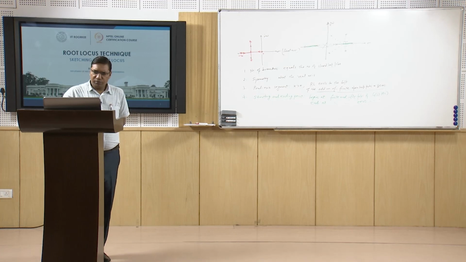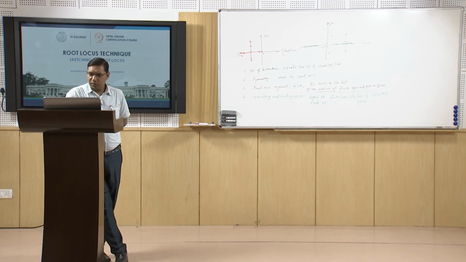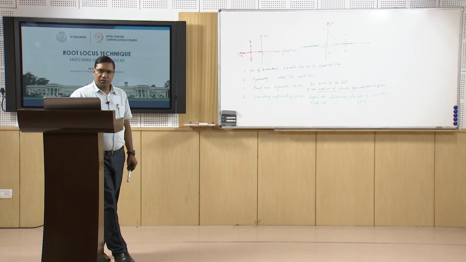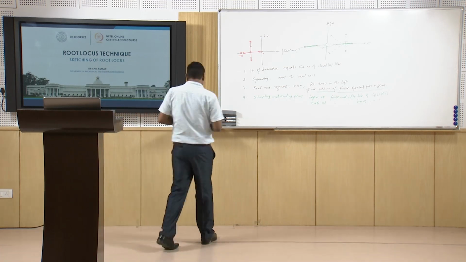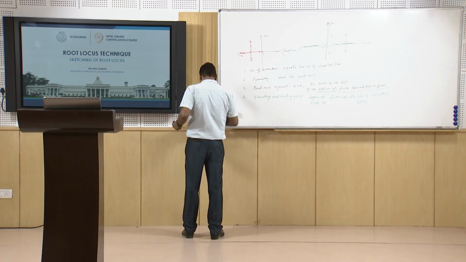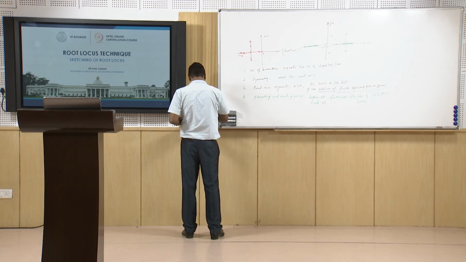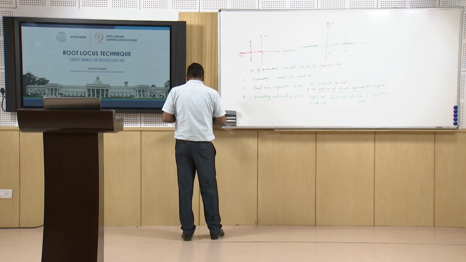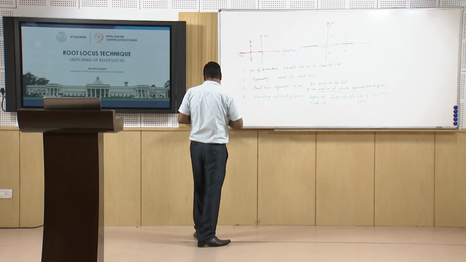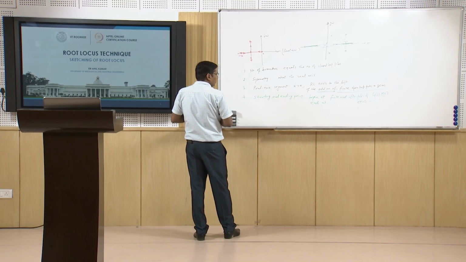So, let us see how it is possible that they are starting at the finite and infinite poles and ending at the zeros. So, let us take the closed loop transfer function.